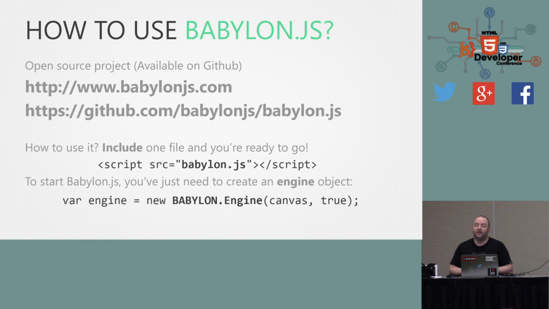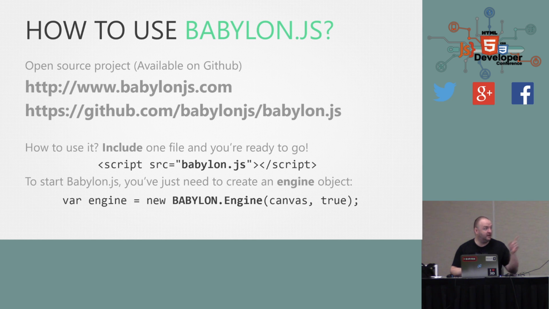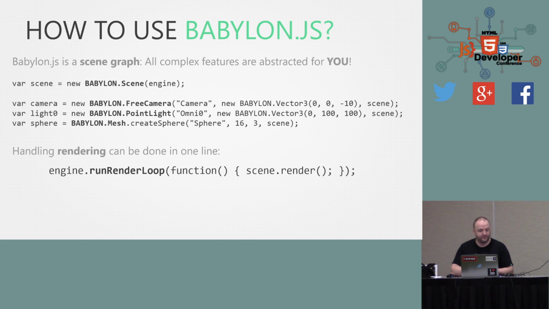The way we think about Babylon.js is a set of tools that you can use, and all these tools have to discuss with the GPU. The man in the middle in this exercise is the engine itself. So if you want to discuss with the GPU, you need someone that is able to create shaders, that is able to copy memory from the CPU to the GPU, and this guy is the engine right there.